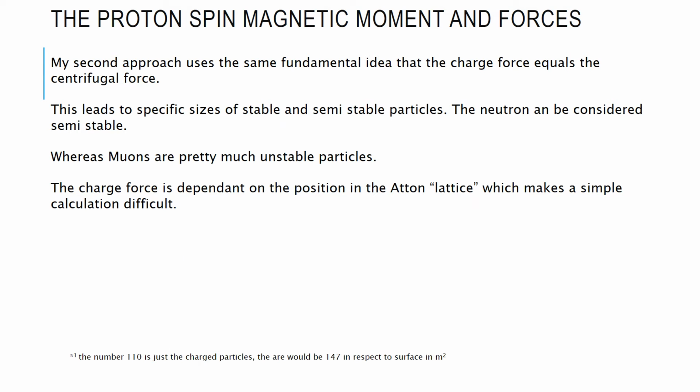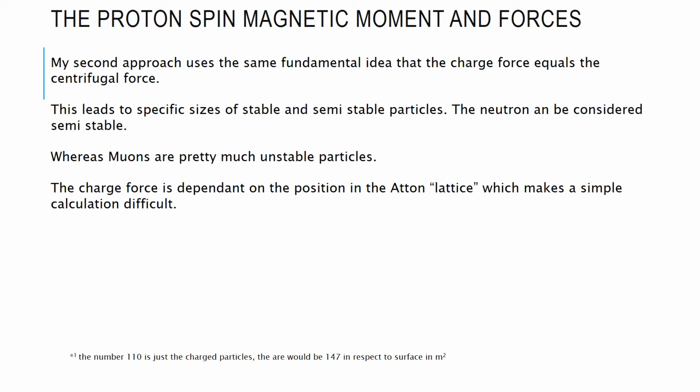So this leads to the question of how and why particles are different in size, and why some particles are stable and some are not. Again, the stability depends on the equilibrium of forces. The atom has a mass and a charge, so you have two forces that will create an equilibrium.